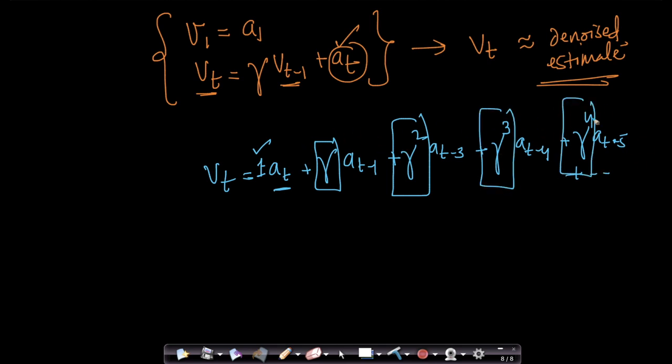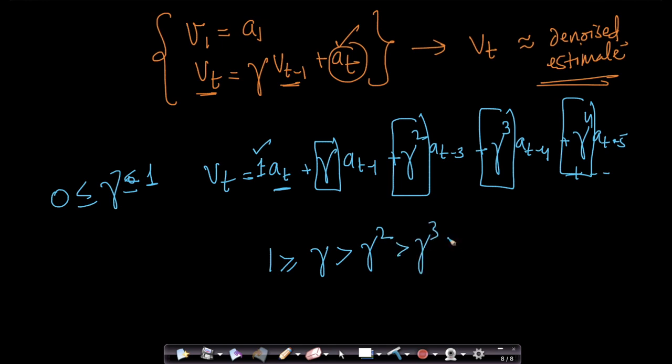So exponentially you're reducing these weights because gamma lies between 0 and 1. So 1 is greater than gamma, and gamma is certainly greater than gamma square, which is greater than gamma cube, which is greater than gamma 4, which is greater than gamma 5, and so on.